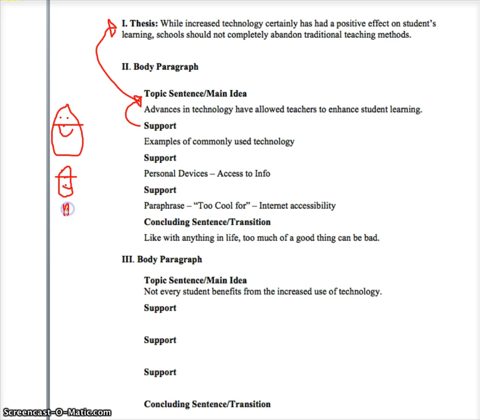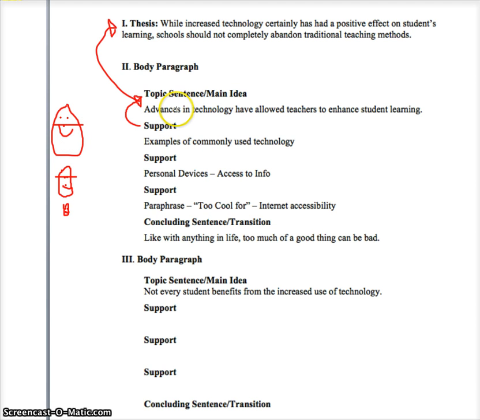That's sort of what a paragraph is like. The farther you get down, the more specific, the smaller it gets. So the thesis would be the big doll, the topic sentences would be the medium-sized doll, and your support sentences are the small doll. Altogether they make a great doll, but you need to have all three pieces.